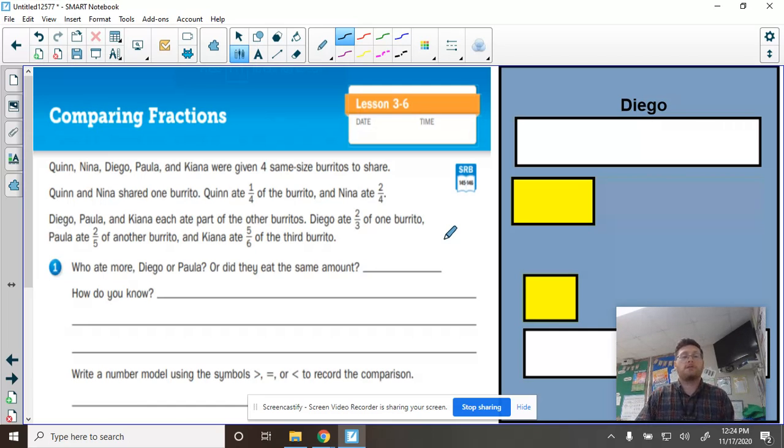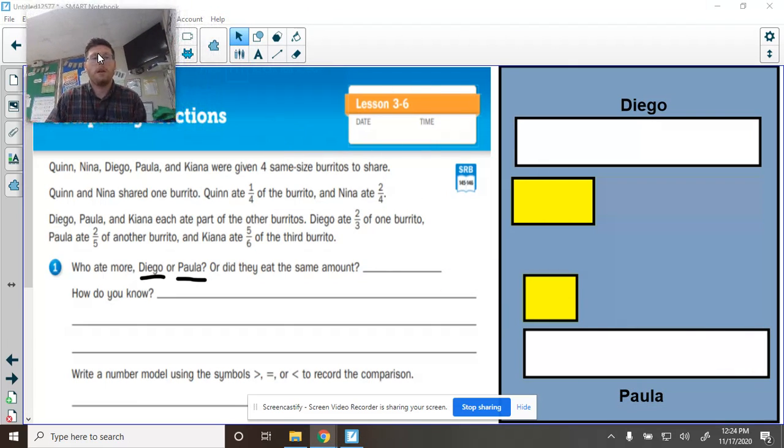So I'm going to answer number 1. Who ate more, Diego or Paula? I need to know Diego's fraction and Paula's fraction. You'll notice that I have Diego, a whole and a fractional piece, and Paula, a whole and a fractional piece.